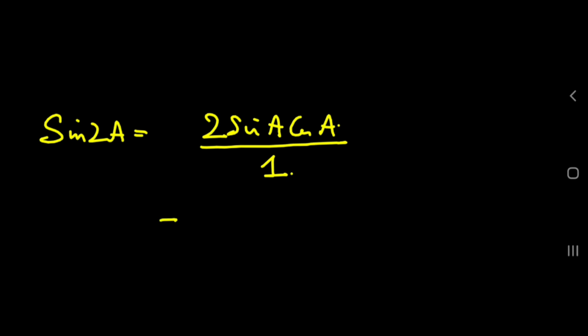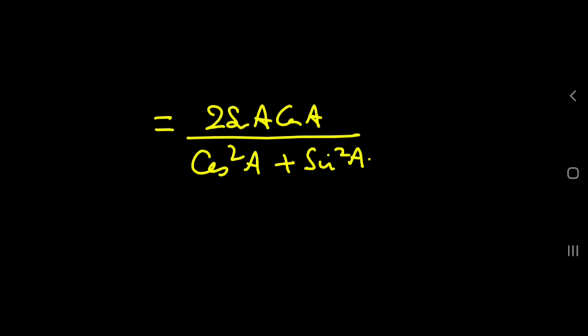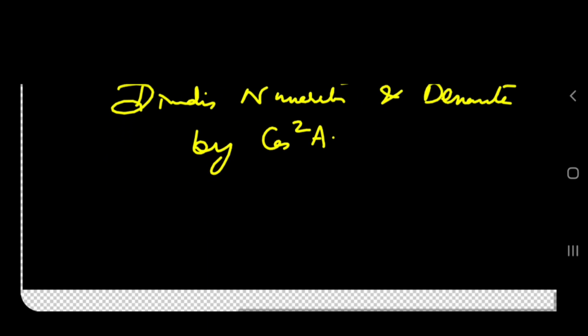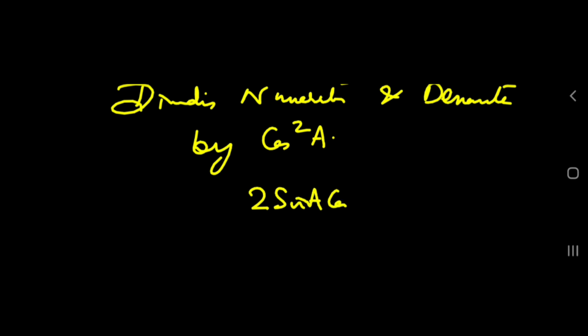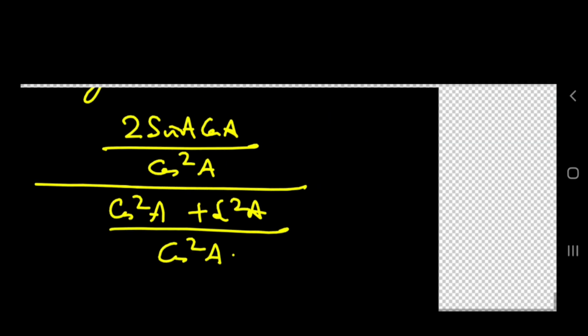If you write 1, we can also write 2 sin A cos A by cos square A plus sin square A. Dividing numerator and denominator by cos square A, what are we getting? 2 sin A cos A by cos square A, and cos square A plus sin square A by cos square A. So let's see what is coming.